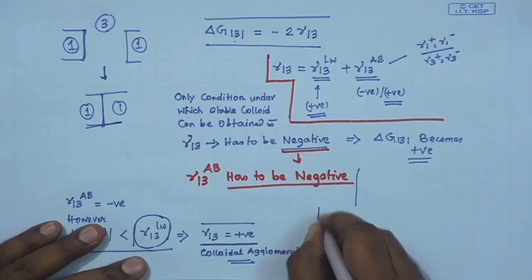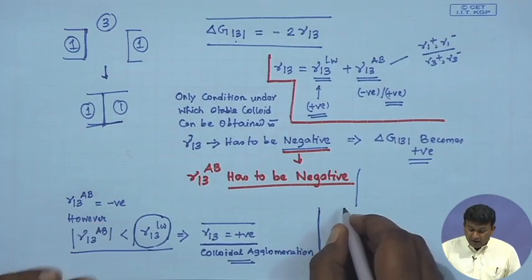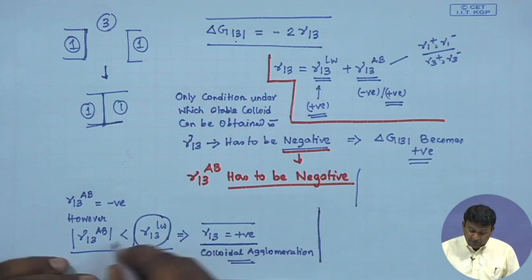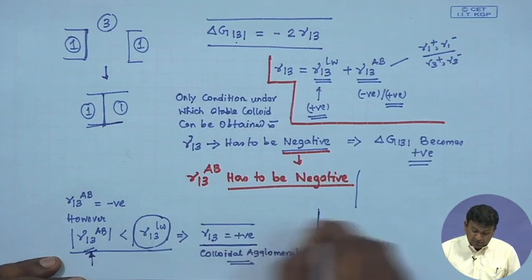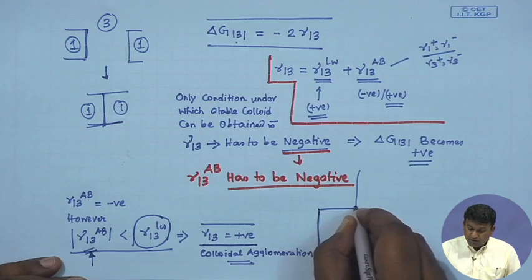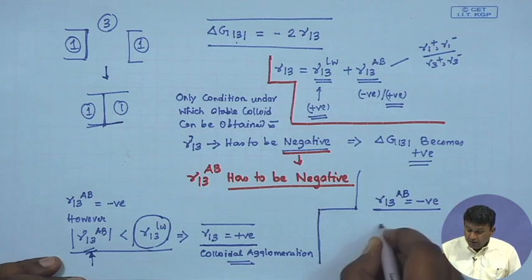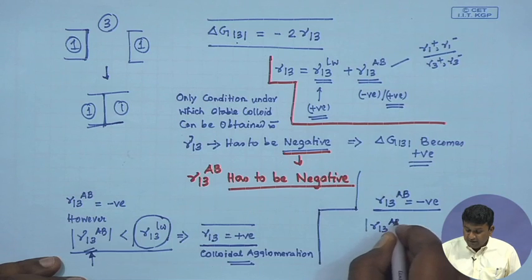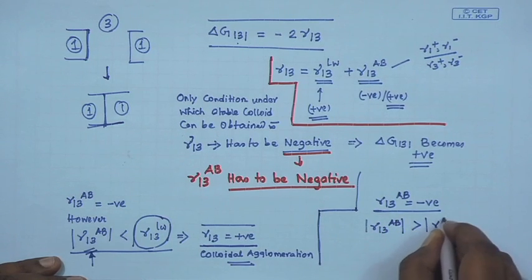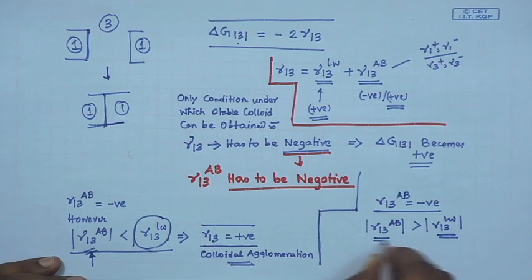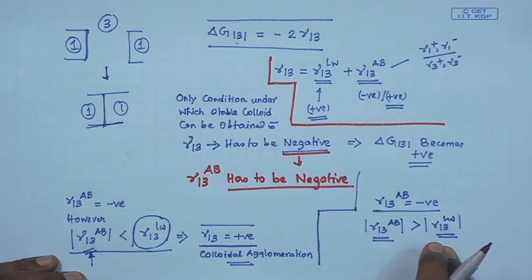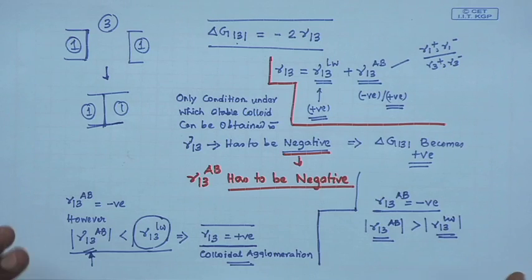So, the only condition under which you can obtain a stable colloid is that you need to have a negative interfacial value of gamma 1,3 arising out of the polar interaction, and numerically this has to exceed the value of gamma 1,3 LW, which will always prefer adhesion of the colloidal particles in air as well as in a liquid medium. So, that is what we wanted to discuss about the individual components of surface tension.